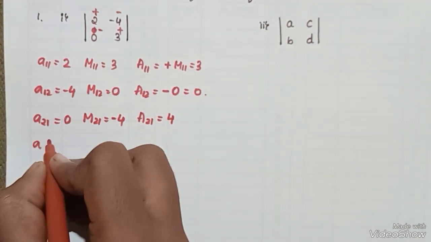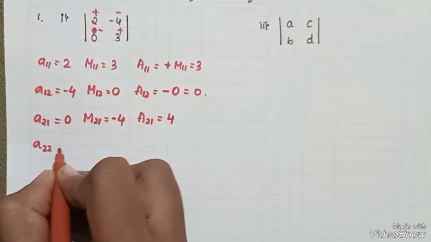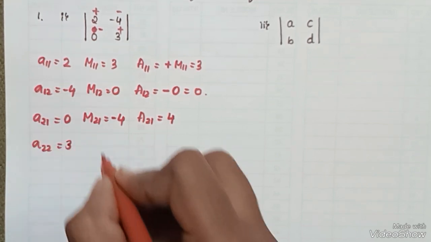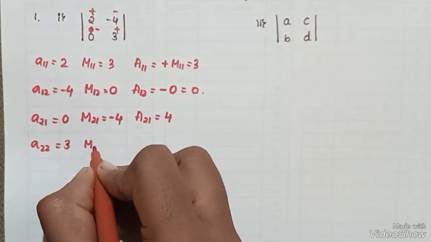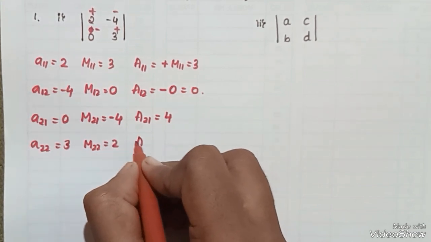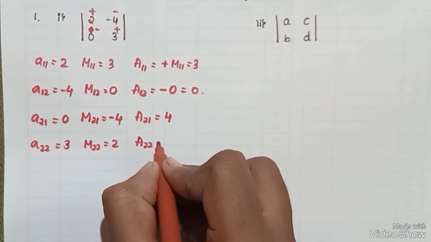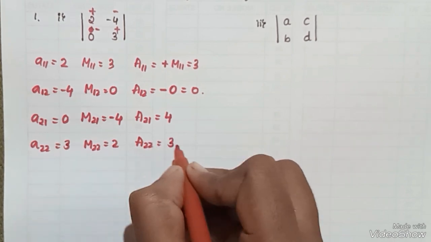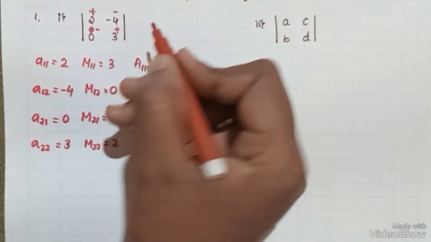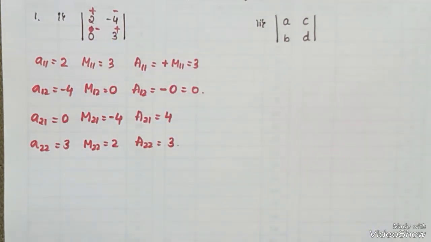Again, for the second element 3, the minor M22 is 2, and the corresponding cofactor is +3, because the sign is multiplied by 3.